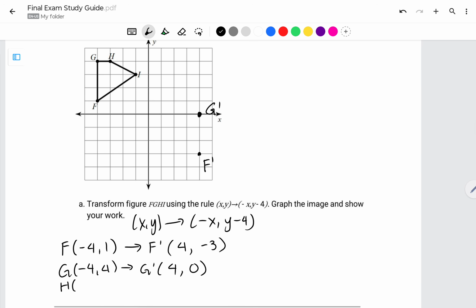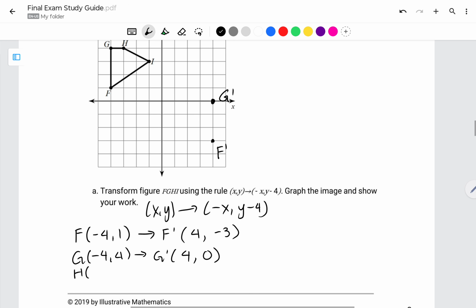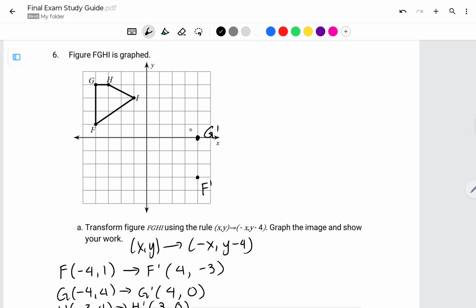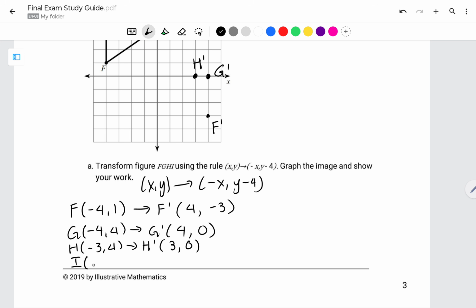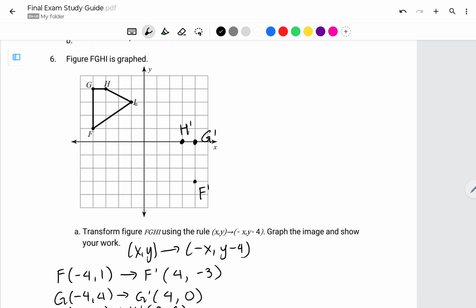H is negative 3 and 4 this time. Negative 3 and 4. So what is my H coordinate going to look like? It's going to turn into positive 3, and then 4 minus 4 is 0 again. So positive 3, 0. That's my H. And then last but not least, I is negative 1 and 3.